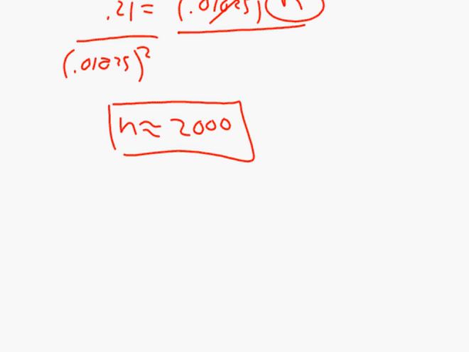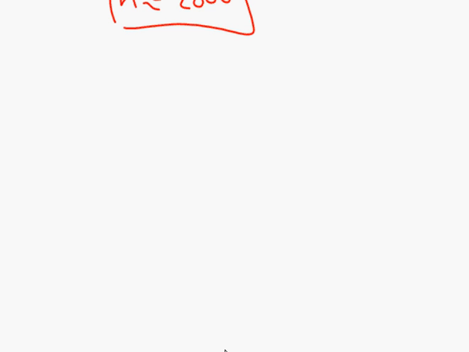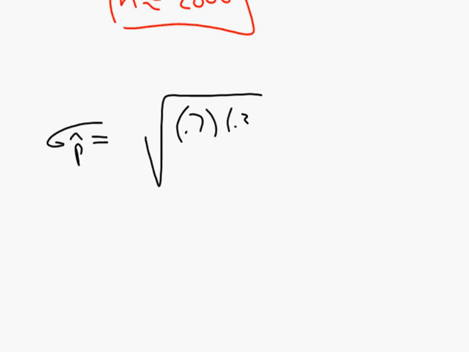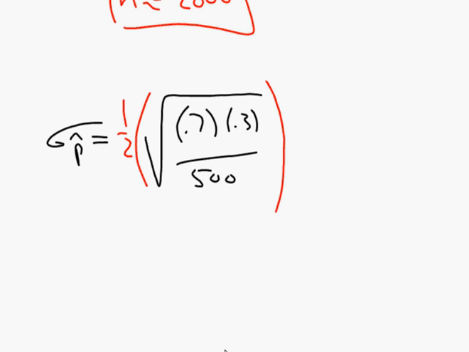Okay, so let's just talk about a second way you could have done this. Let's recall in the beginning of this, we did sigma of p hat equals the square root of 0.7 times 0.3 over 500. Now, the problem that we just answered said, hey, we want this to be half of what it was. So I really just want to multiply this whole standard deviation by a half.